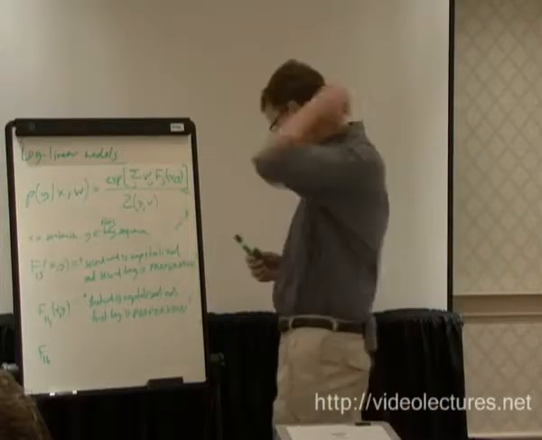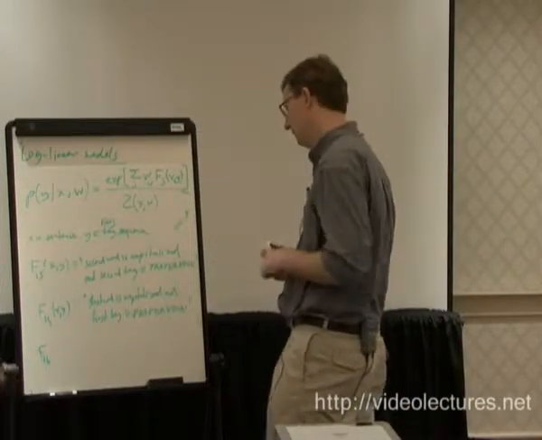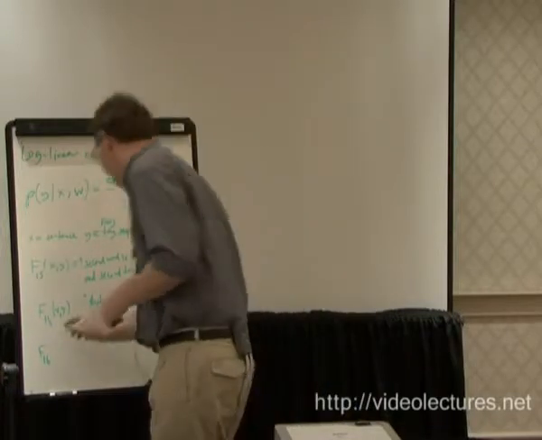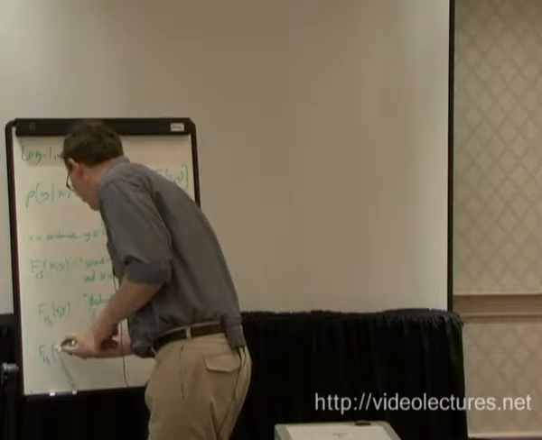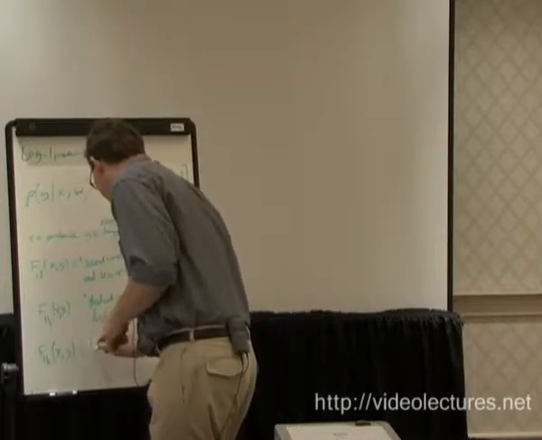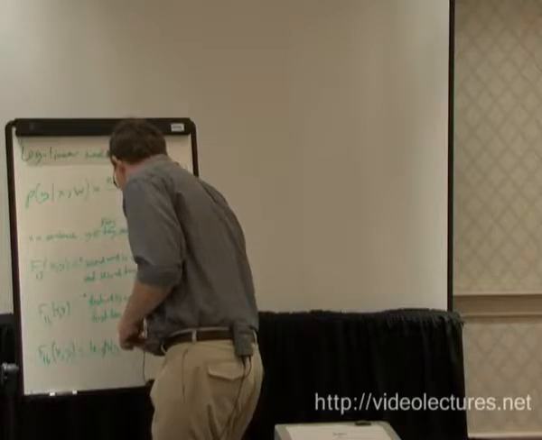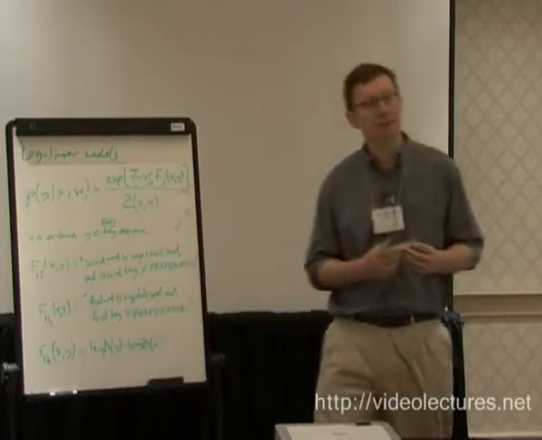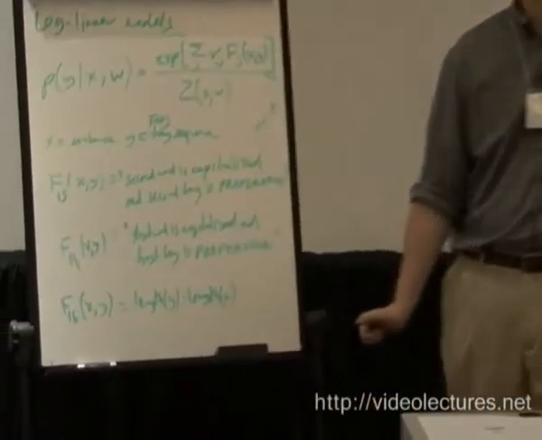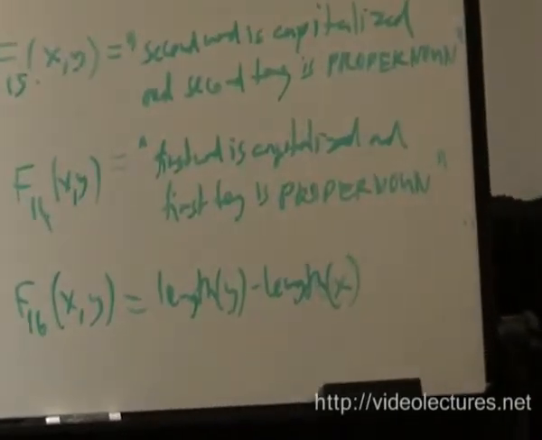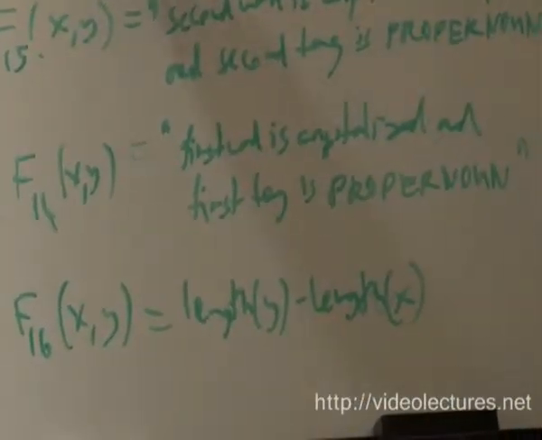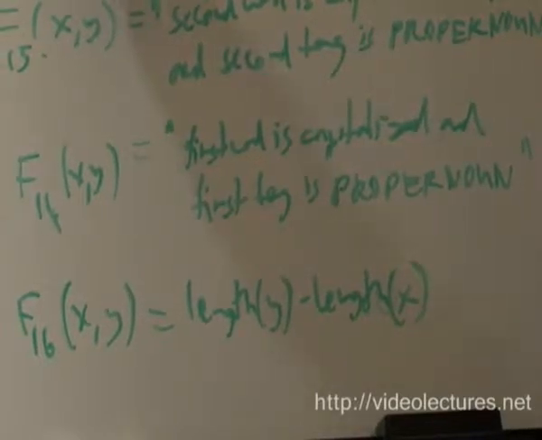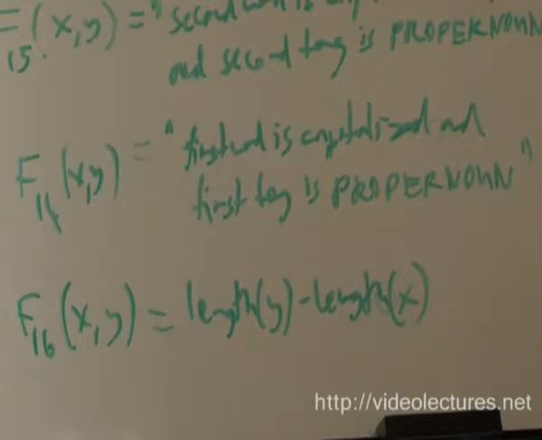And here's, okay, F16 of X and Y is length of Y minus length of X. So that's an example of a real-valued feature function. The length of Y minus the length of X. And supposing that X was an English sentence and Y was a French sentence, when you translate from English into French, the translation tends to be longer than the original.